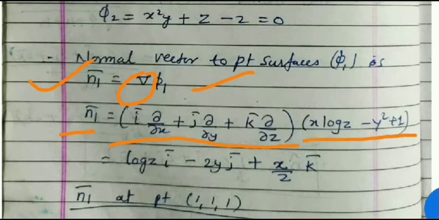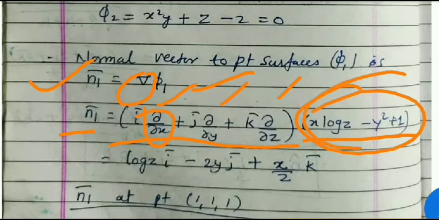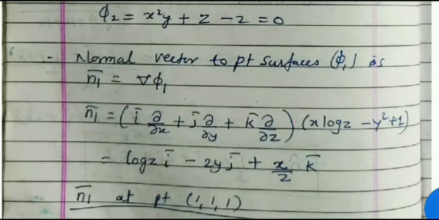And the first surface is x log z minus y square plus 1. So differentiate this point function with respect to x, y, z. For i, derivative with respect to x: this term is 0.